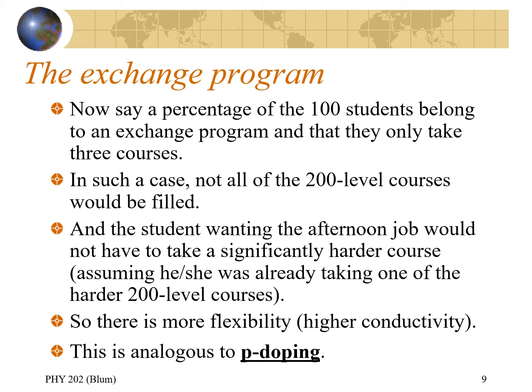Well, if that student is in one of the higher 200 level courses, but not the highest, that student's going to have to take just a slightly more difficult course to get the flexibility to have the afternoon job. So in this situation with the exchange program, there is more flexibility because not all of the 200 level courses filled. And so there's more flexibility or higher conductivity, and this is analogous to p-doping.